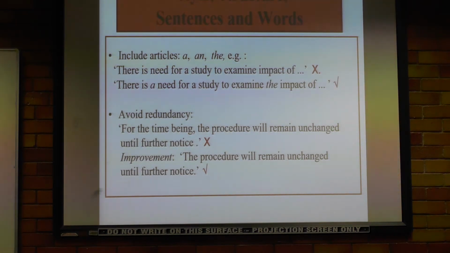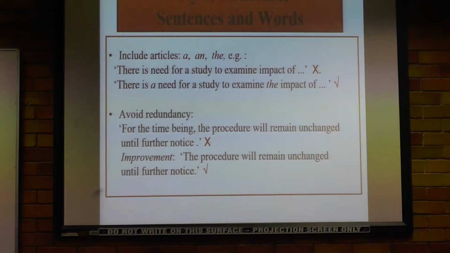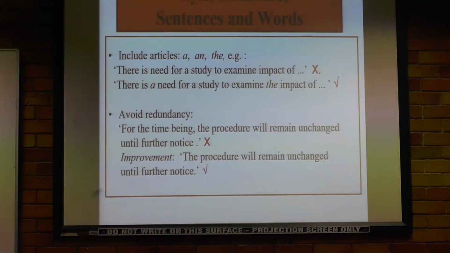What says the same as for the time being? Exactly. For the time being, it's going to be this way. Otherwise, I could say, it will be this way until further notice. But I don't need to say, for the time being, blah, blah, blah, will happen until further notice. It's quite unnecessary. The improvement is simply: the procedure will remain unchanged until further notice.